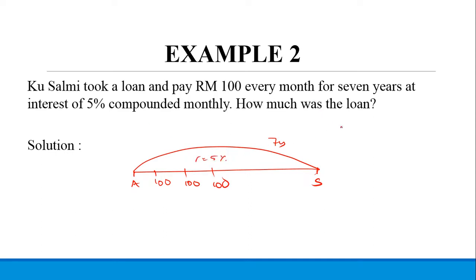How much is the loan, how much did you borrow? Because if you pay every month until 7 years, it becomes 0.